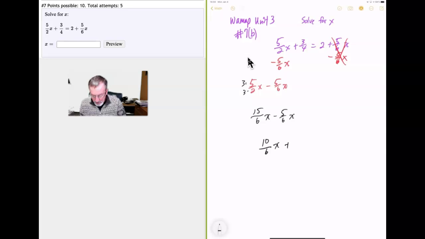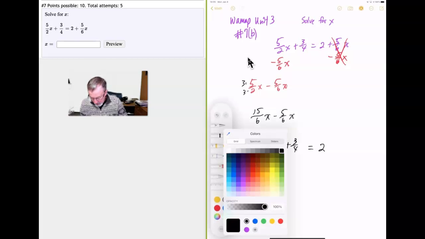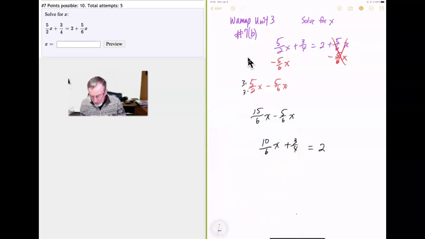And that plus 3/4 is equal to 2. Okay. Now we're going to subtract 3/4 from both sides. Subtracting 3/4 here and 3/4 here. So 3/4 minus itself is 0. That leaves 10/6 x equal to 2 minus 3/4.